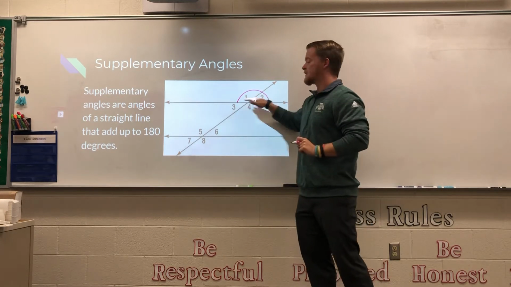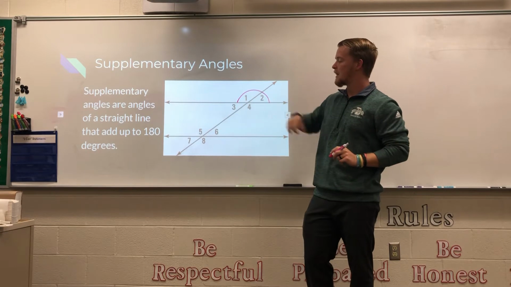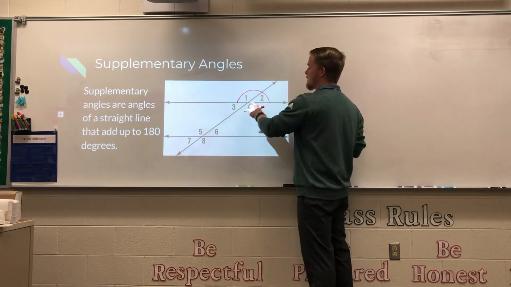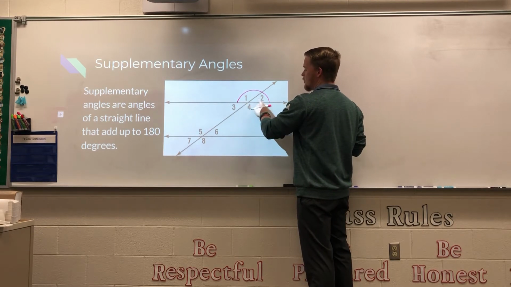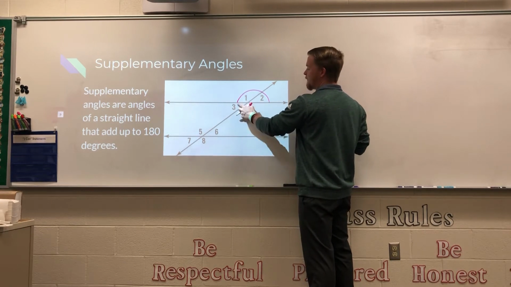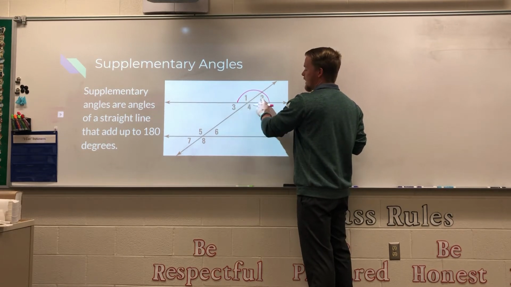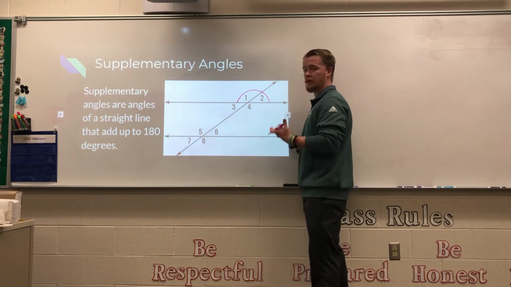These are called supplementary angles because, as it says, they're angles of a straight line that add up to 180 degrees. 1 and 2 are both forming this straight line, so whenever these are added together, we know their angles will be 180 degrees.